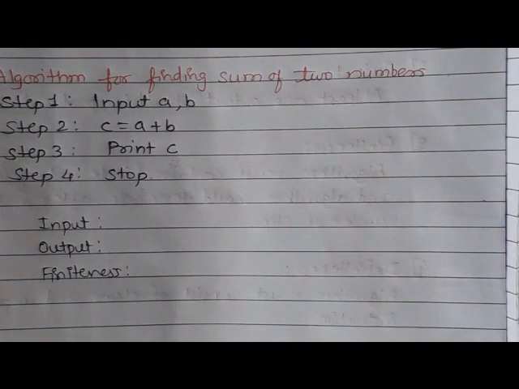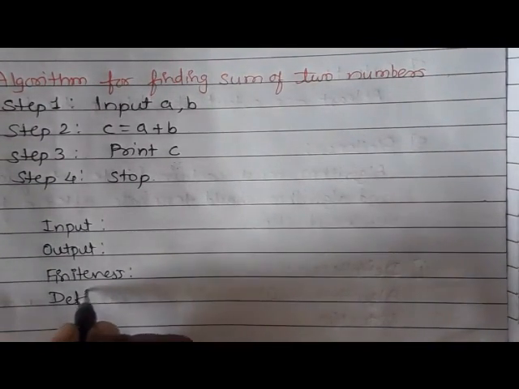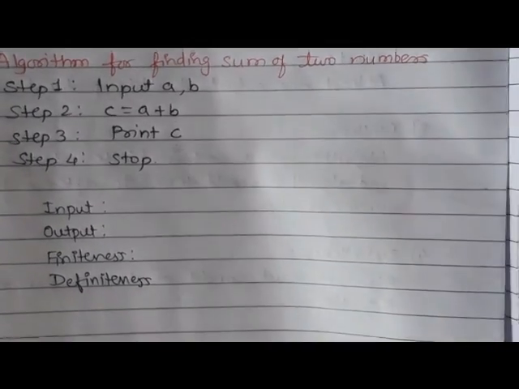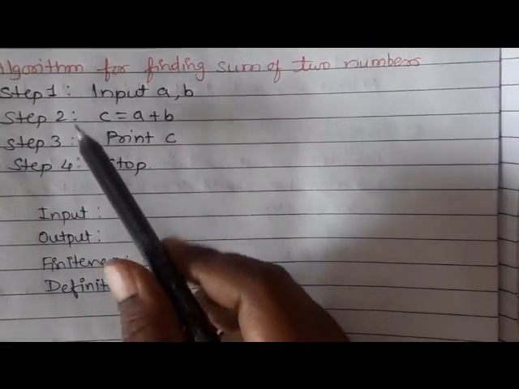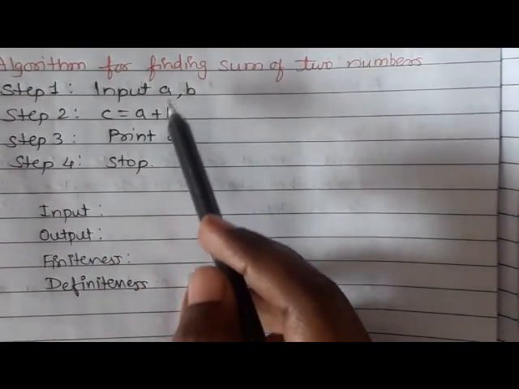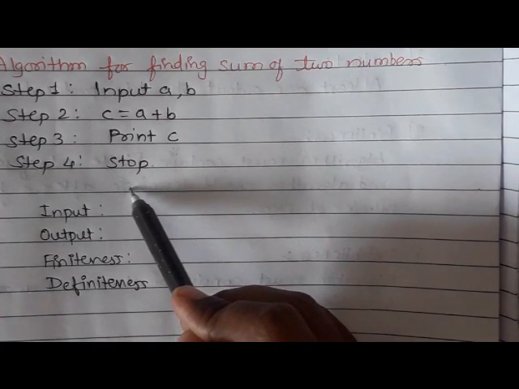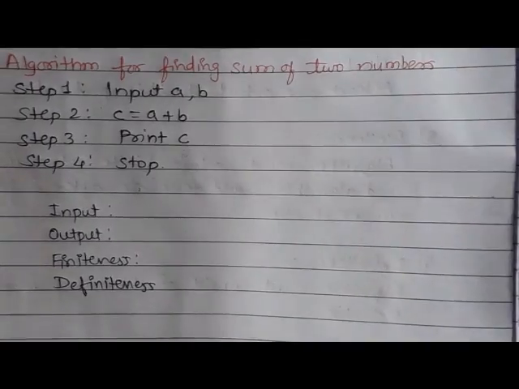The next characteristic is definiteness: every instruction within an algorithm must be very clear. This characteristic is also satisfied by this algorithm, since every instruction is clear and not confusing.